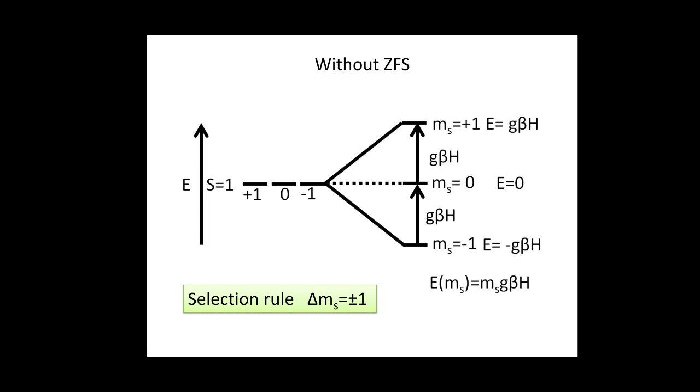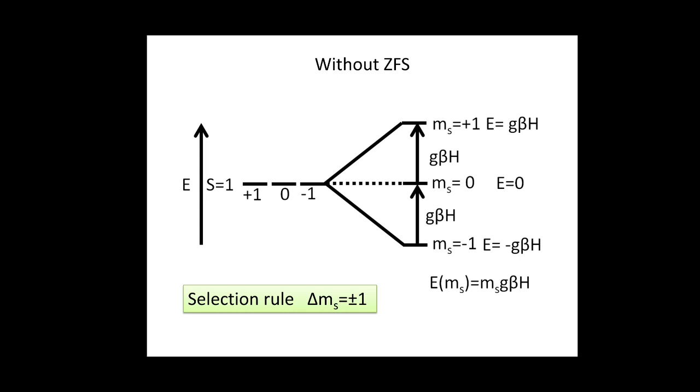After you apply a magnetic field, these levels split, so I get three different levels: -1, 0, +1. If you apply the selection rule for EPR, you should get two transitions, from -1 to 0 and 0 to +1.